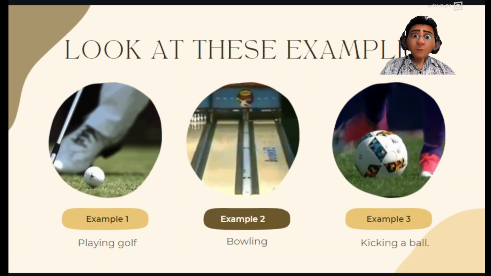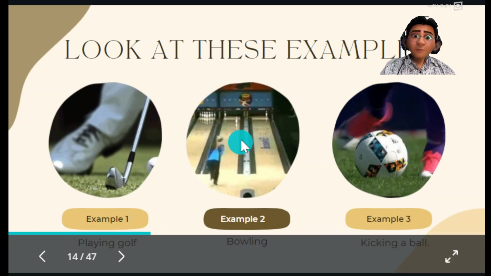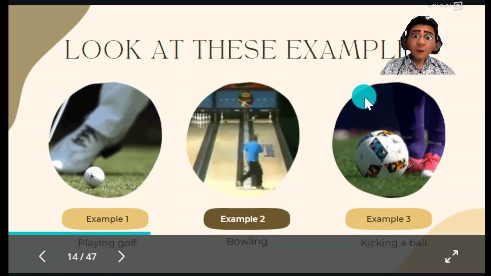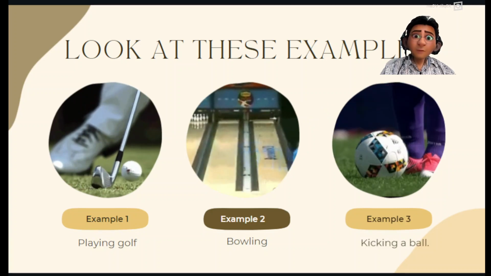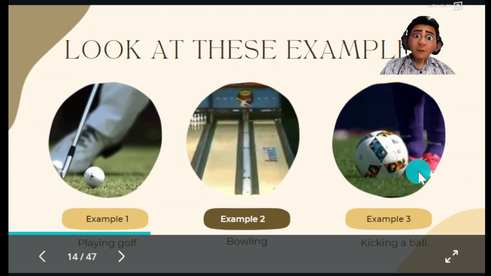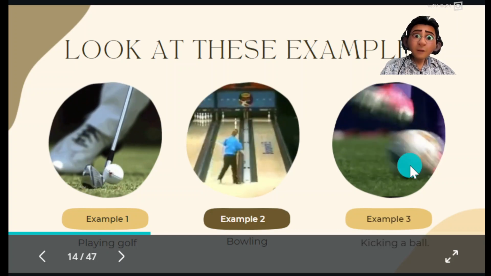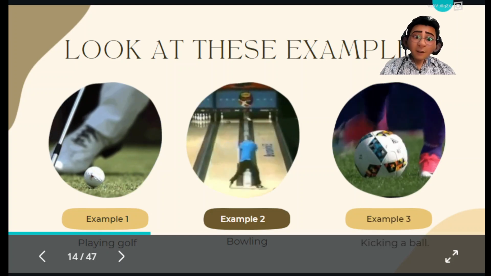Example number 2, bowling. Not the ball, but that one. It's standing there, and when the ball hits it, it moves away. And example 3, the ball that is not moving, football, is kicked and it is now moving.